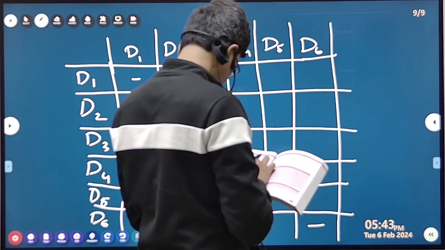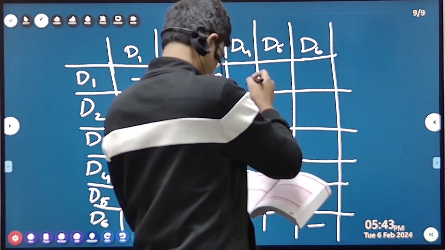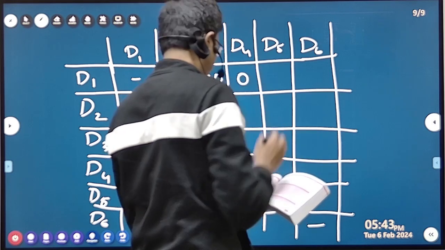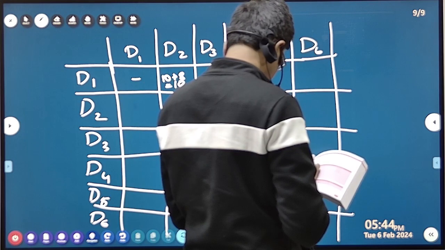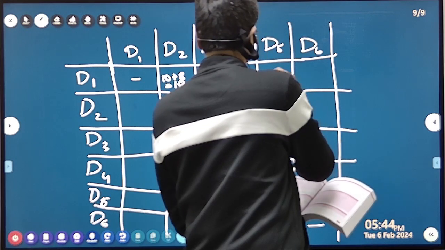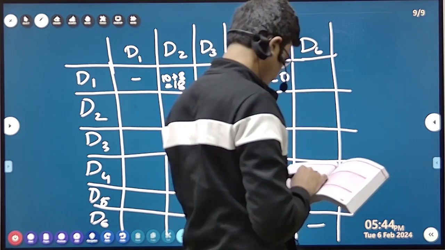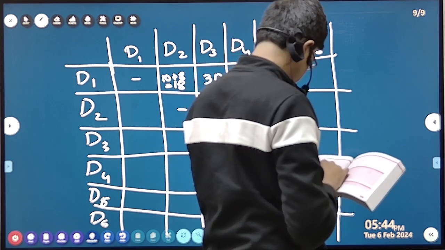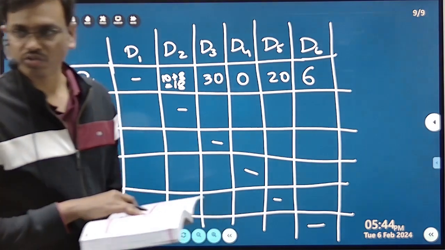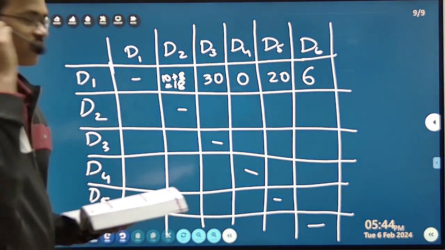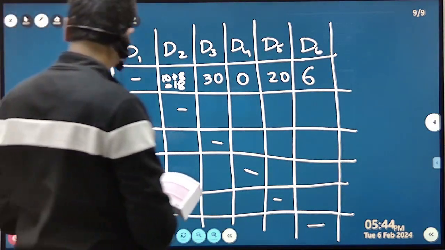D1 D4, it is 0 plus 0, so there is no movement between these two departments. D5 and D1, it is 5 plus 15, that is 20. D1 D6, it is 6 plus 0, so that is 6. So understood how we are getting these values, right? Similarly, we'll fill between the other departments also.